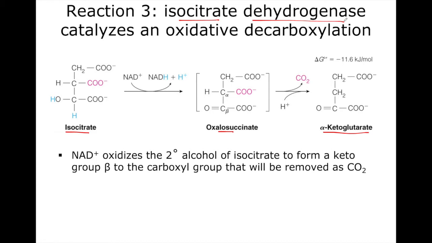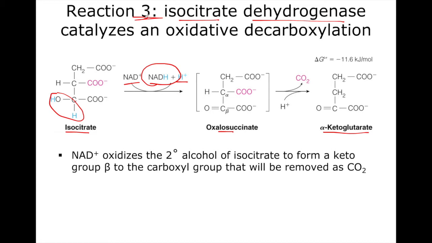Dehydrogenases often catalyze oxidation-reduction reactions, and that's true here. So we're oxidizing our isocitrate. We're removing 2 electrons and a hydrogen, and those are going to bond to NAD+. We're releasing one of the hydrogens as a hydrogen ion, and we're forming our first reduced electron carrier.